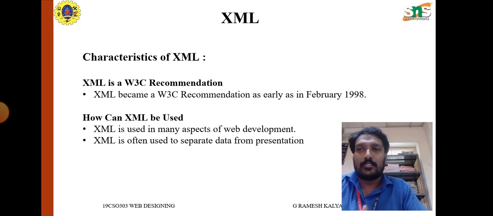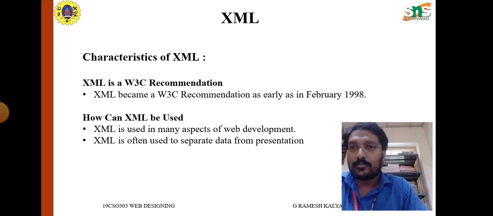W3C has certain rules, and once the language meets those rules, the committee recommends the language for public use in the development of websites. So XML became the W3C recommendation in February 1998.